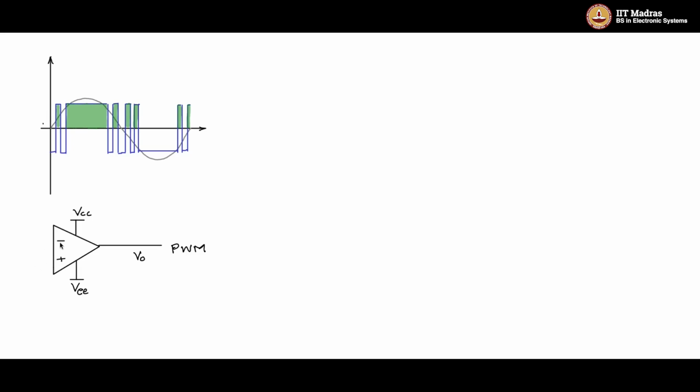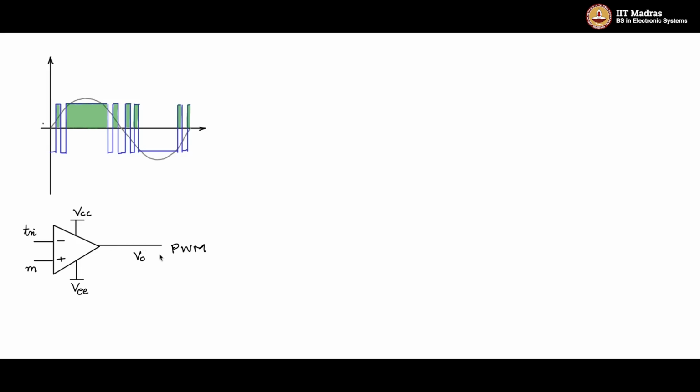If you look here, we give the modulating signal Vm here, and the triangle signal VTRI here, which is the high frequency triangular carrier. When these two are compared, out comes the PWM waveform, and this PWM waveform is this blue colored waveform which you see, which goes both plus and minus, plus VCC to minus VEE.